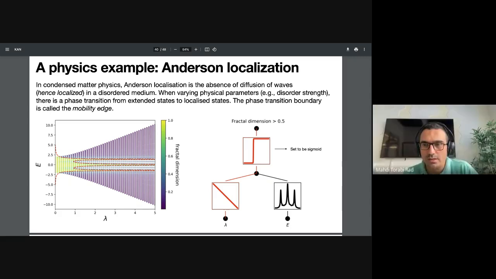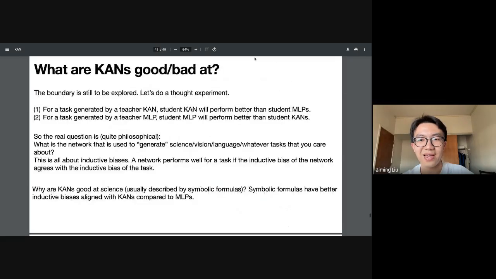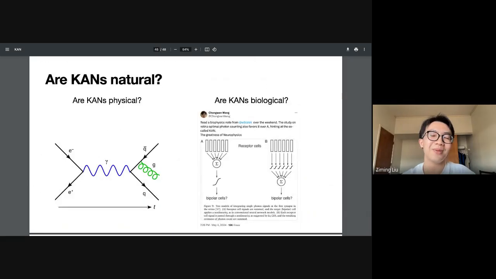All right, I think we don't have any more questions. Yeah, I guess that's basically what I want to talk about. Maybe just two last slides for some entertainment, for some philosophical questions. People are asking, are KANs physical? Well, if we consider the Feynman diagrams as physical, then the Feynman diagrams are actually more aligned with multi-layer perceptrons, because you first have particles flying freely in physical space, and then at the nodes they have some interesting nonlinear interaction.